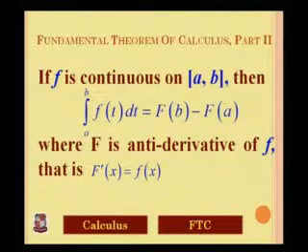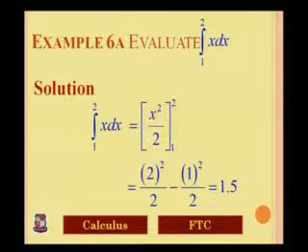Here the definite integral is integration a to b f t dt. It has the value F of b minus F of a, where capital F x is an antiderivative of small f, that means F dash x is equal to f x. Using this result we can solve some definite integrals.